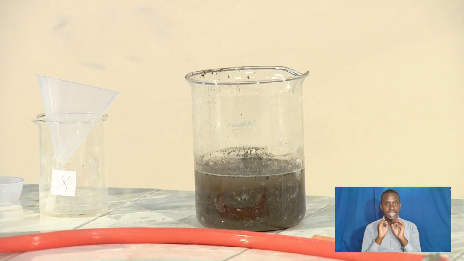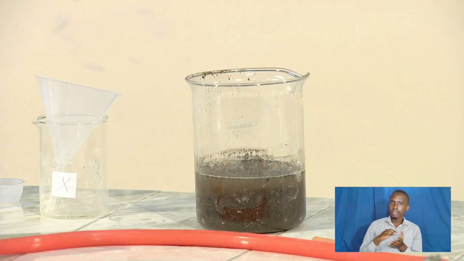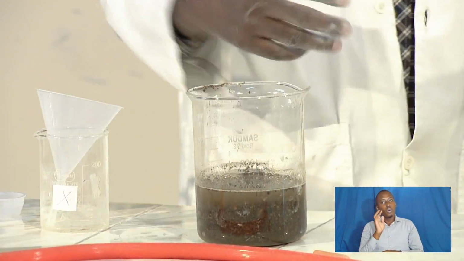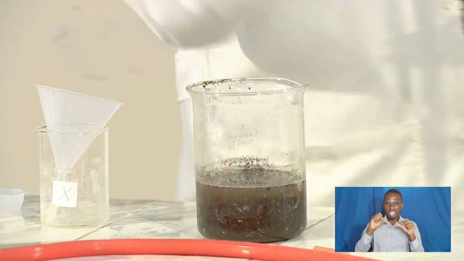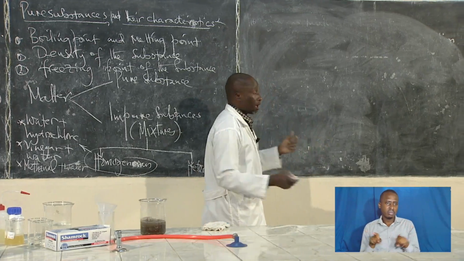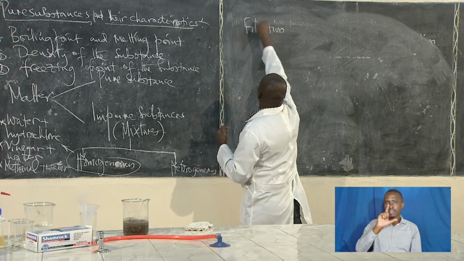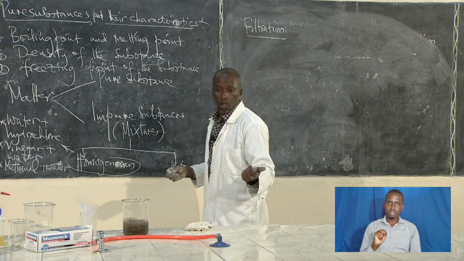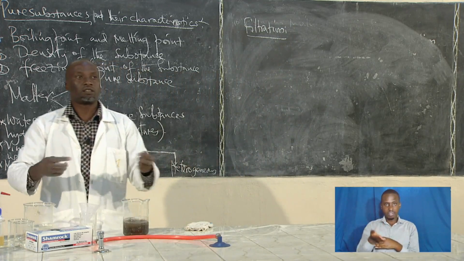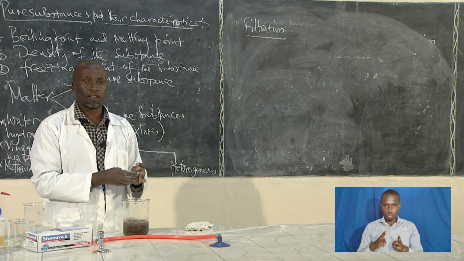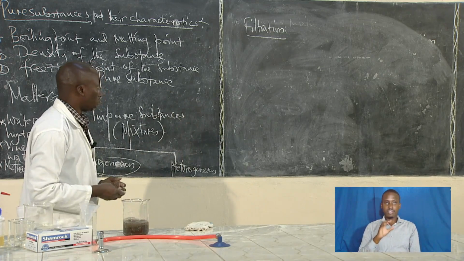If you have water which looks muddy, then you can use the method which is filtration. You just filter, and then you can easily separate them. That is the physical means.